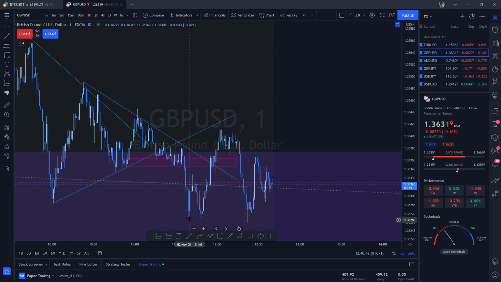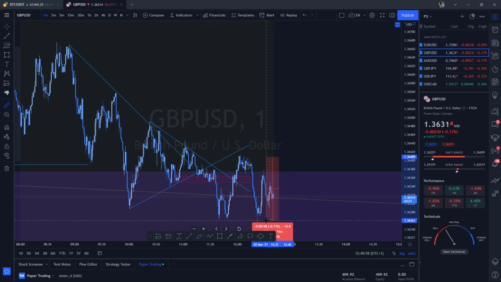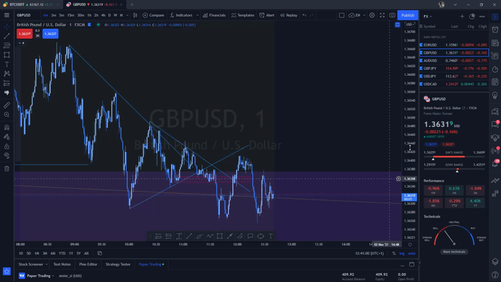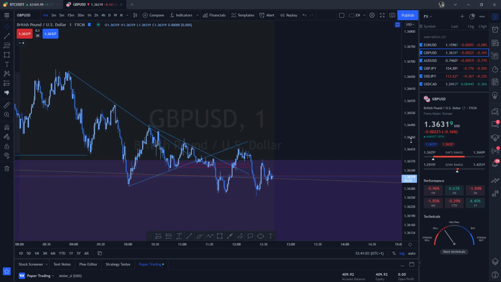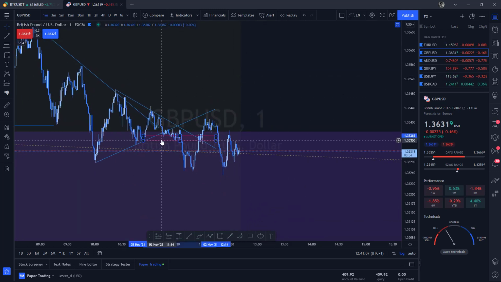The sudden move down took liquidity, the up move took liquidity above these highs, back down, and now the price is still compressing into, I don't know, a 20 pip range, 14 pip range, so that's a small range for GU. Let's clean up a little bit. These trend lines are of no importance anymore.